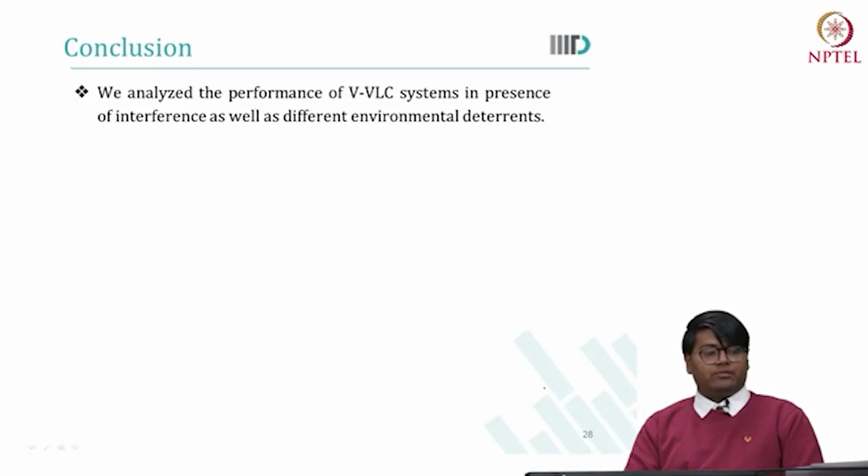However, the performance of vehicular radio frequency communication is comparatively better than vehicular VLC under various environmental conditions. Then we have also illustrated vehicle headlamp illumination patterns in presence of interference under different environmental conditions.